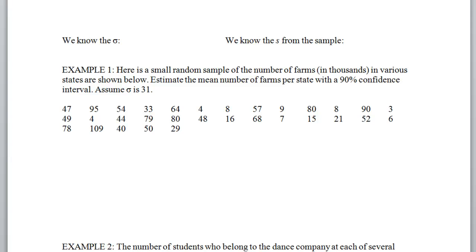Do you know your standard deviation of your entire population? And if the answer is yes, then you're going to use your Z distribution. And if your answer is no, and we don't know our standard deviation from the entire population, and we're going to have to find it from our small sample, then it's going to be our T distribution.